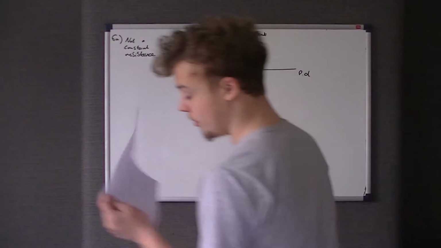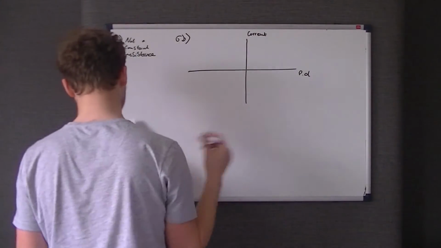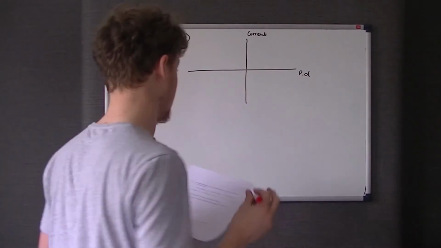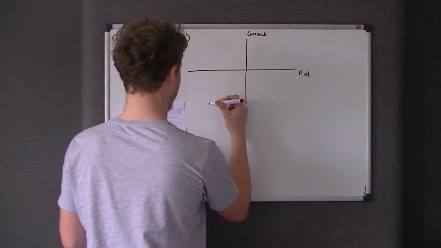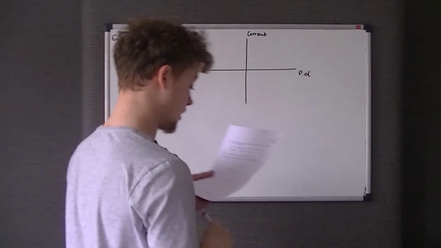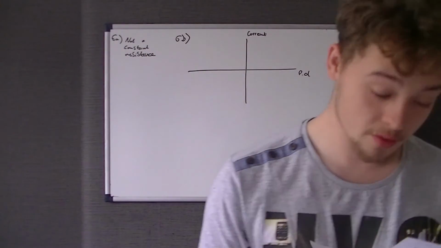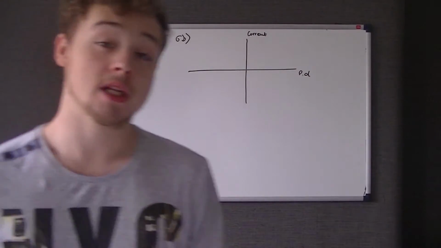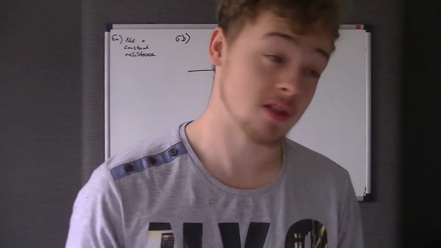Okay, so a filament lamp is also an example of a non-ohmic conductor. In other words, it doesn't have constant resistance. That's what it's saying there. And we've got this sketch on the axis below, the example of a current voltage characteristic for a filament lamp. Well, as we said, the gradient is 1 over the resistance, so if the resistance is changing, this gradient will change.